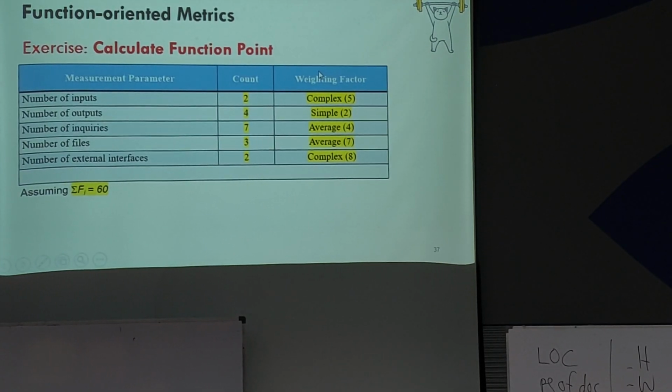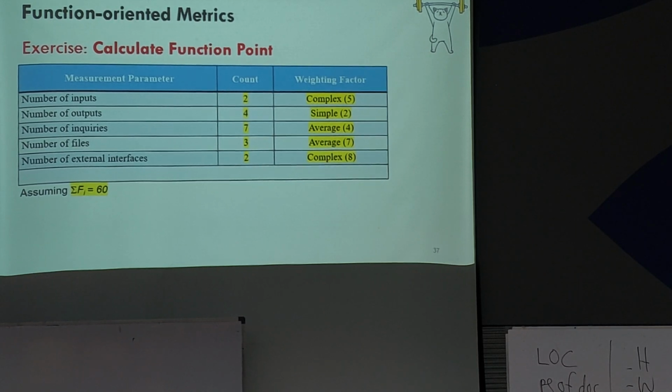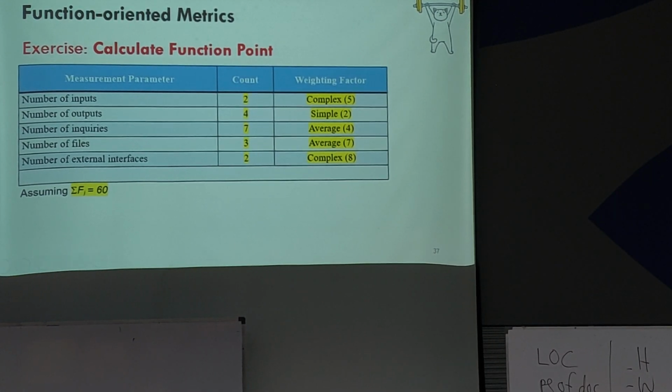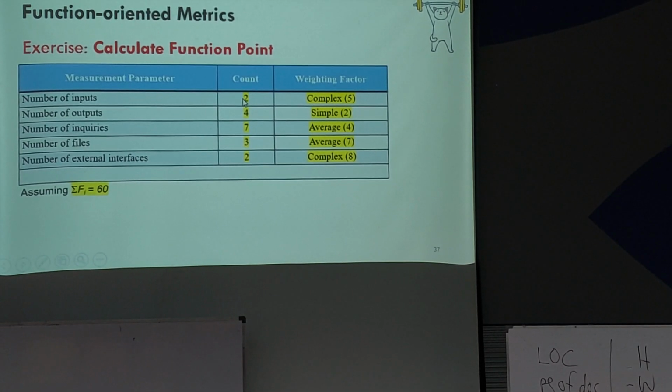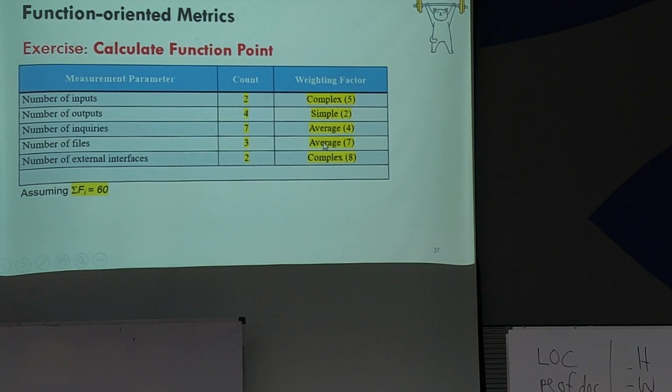Okay, so to calculate function point, let's say in the exam you will be given this, and you will also be asked to assume summation Fi is 60 to make things simple.